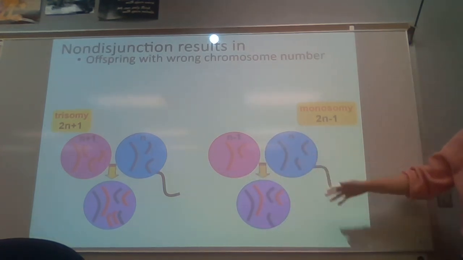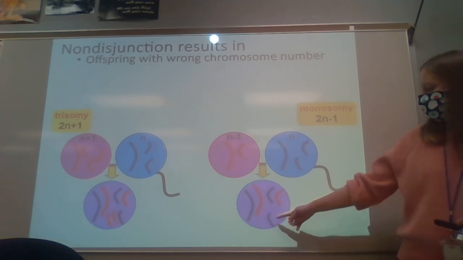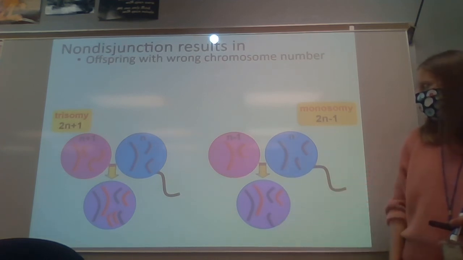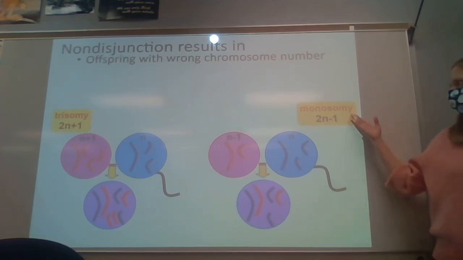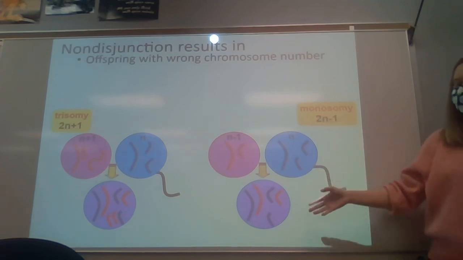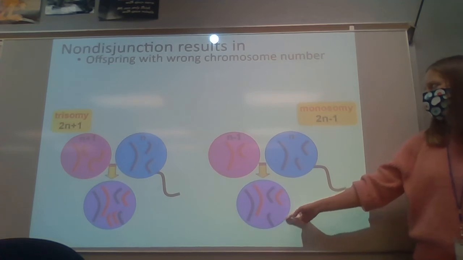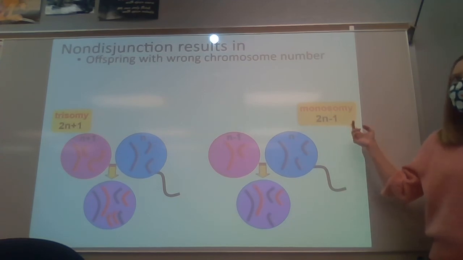So when we combine that with the normal sperm, we end up with a diploid cell, but it's missing a partner. So instead of a trisomy, this is called a monosomy, the mono meaning 1. So one of our pairs only has 1 chromosome. So we're diploid minus 1, or diploid except we're missing 1. This is almost always fatal.